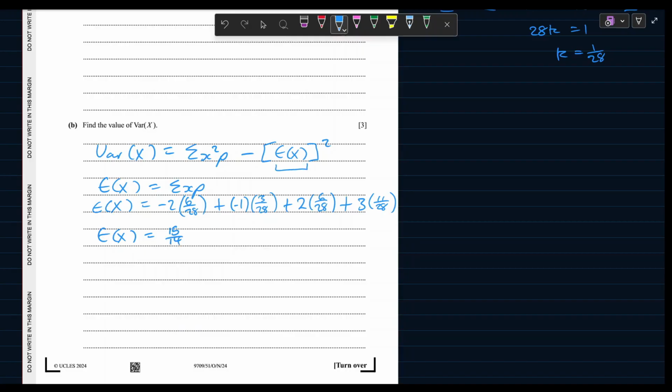So we found this part. We also need to find the summation of x squared p. So the summation of x squared p is essentially going to be this same expression, except now our x is squared. So it's going to be -2 squared times 6 over 28 plus -1 squared times 3 over 28 plus 2 squared times 6 over 28 plus 3 squared times 11 over 28.